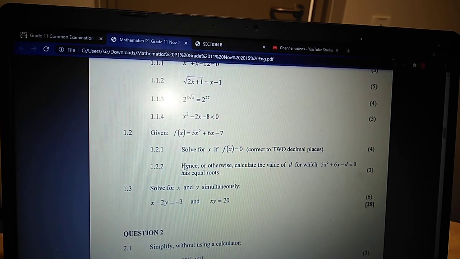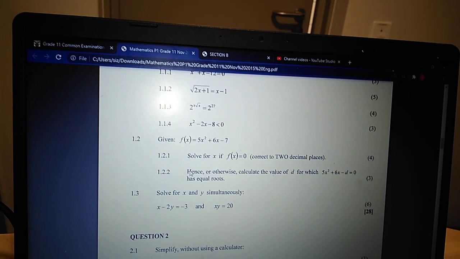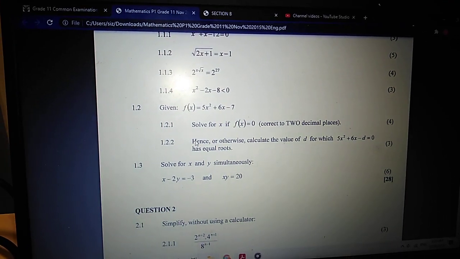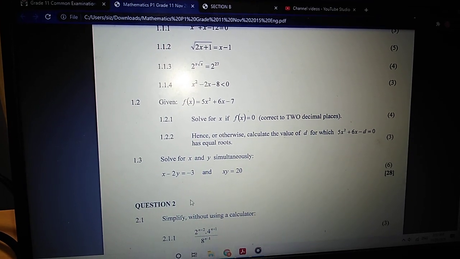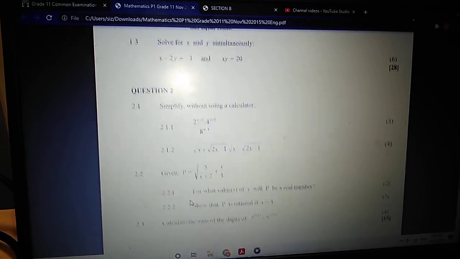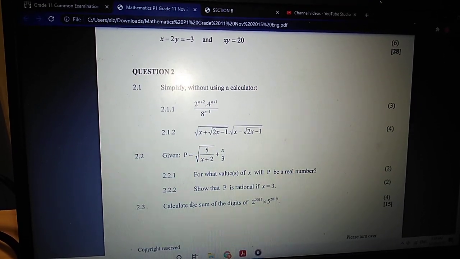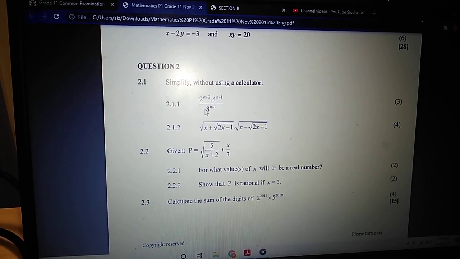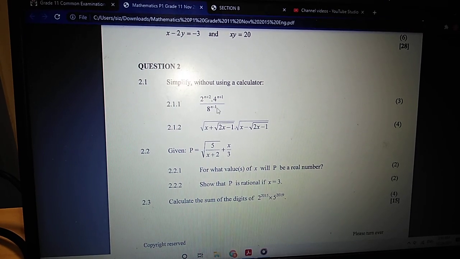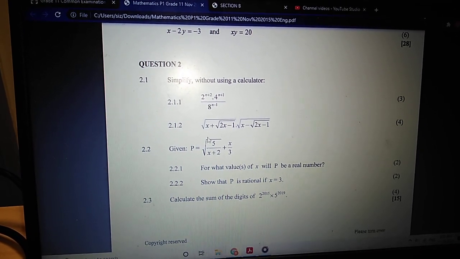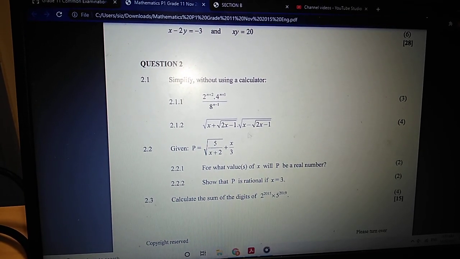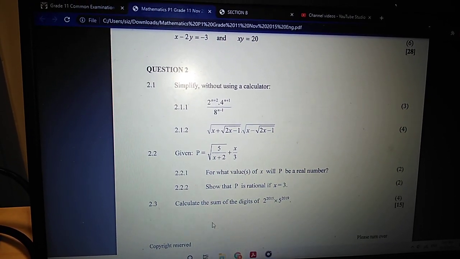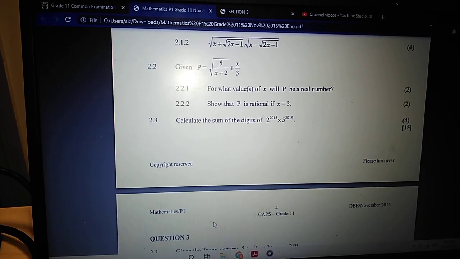And then the last question we are required to do is to solve a simultaneous equation. Also we're going to be doing question 2, where we will have to use some rules for exponents and also some surd laws, or maybe the K method, to solve the question.